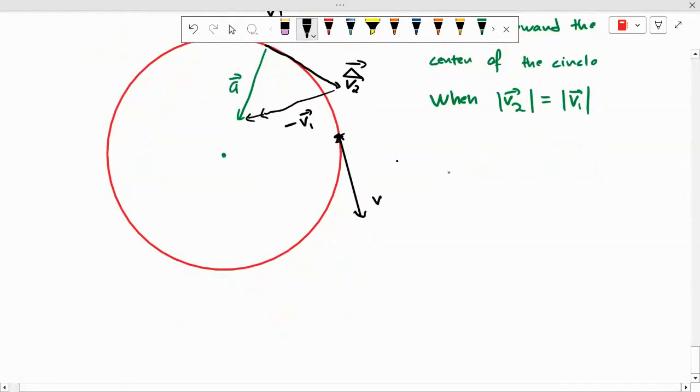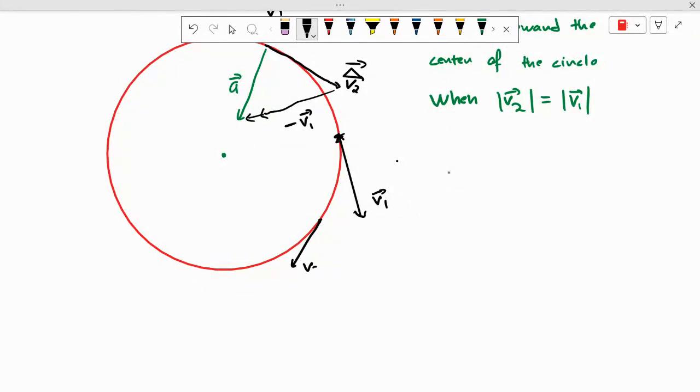We have V1 here, and at another time, we have V2, which is less than V1. If we draw minus V1, we do the operation V2 minus V1. Well, it's supposed to be parallel, but fix this.